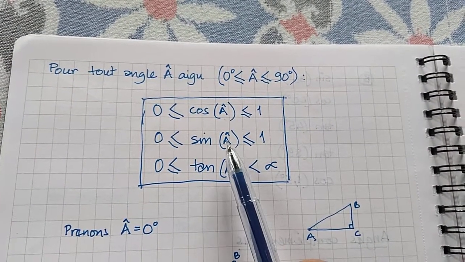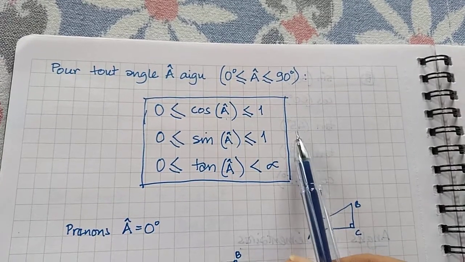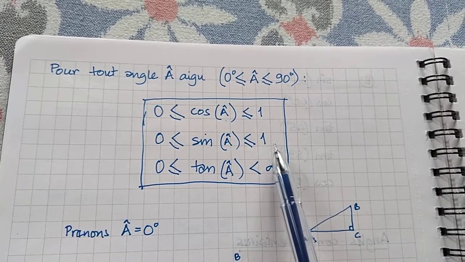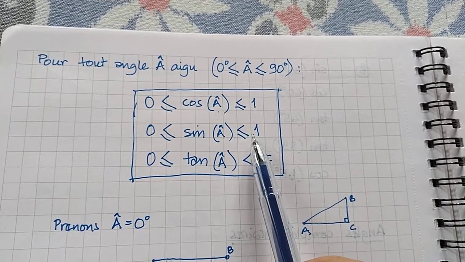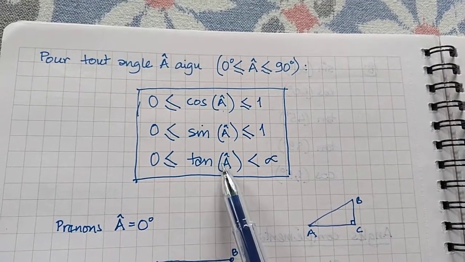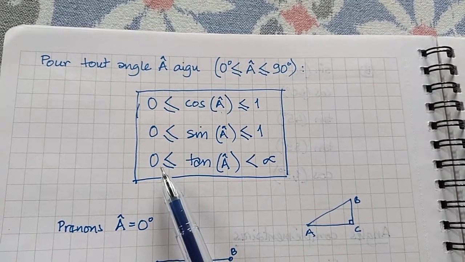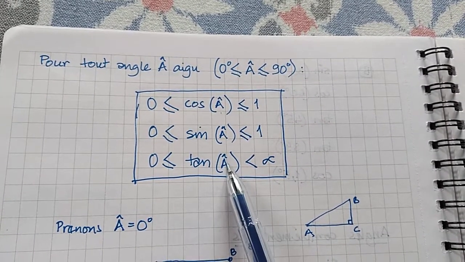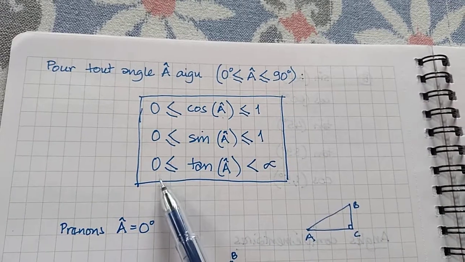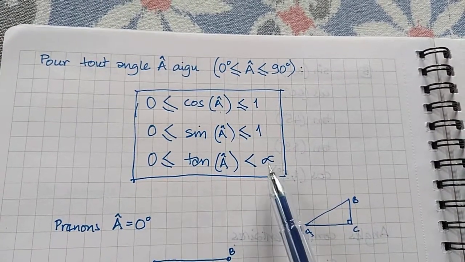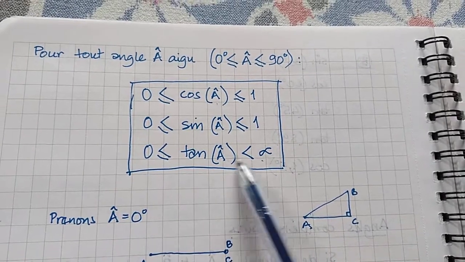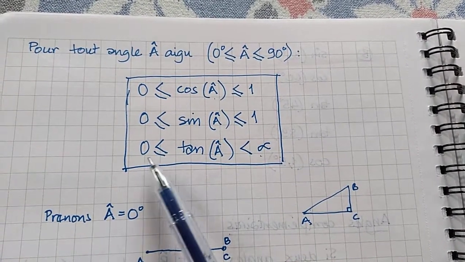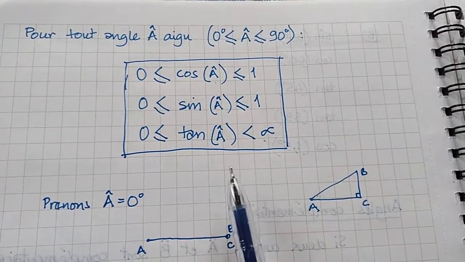Well, sinus was equal to 4 over 3, which is not possible because it is more than 1. And you had written that it was not possible. For tangent, it's slightly different. Tangent of any angle between 0 and 90 will go from 0 to infinity. We will have a look at this particular case in more detail just now.